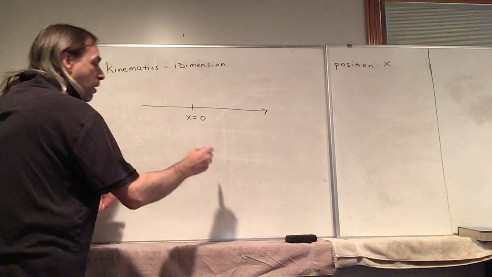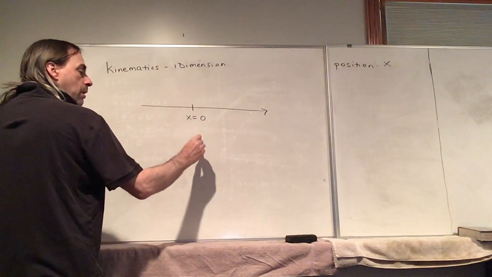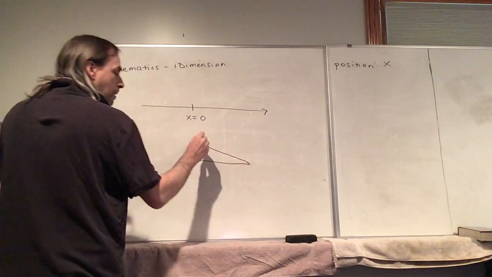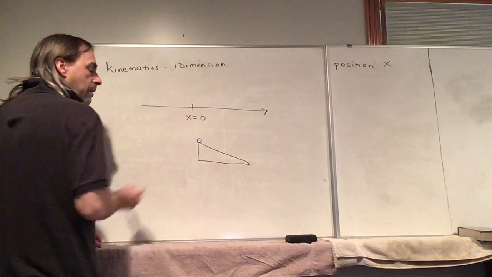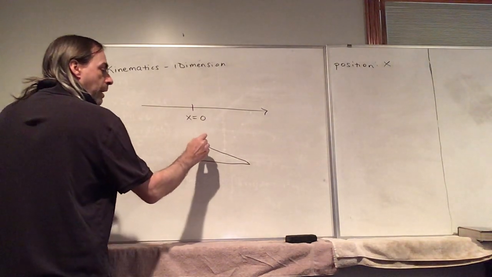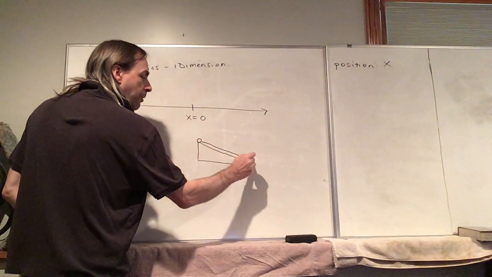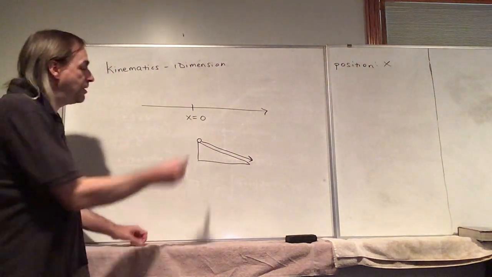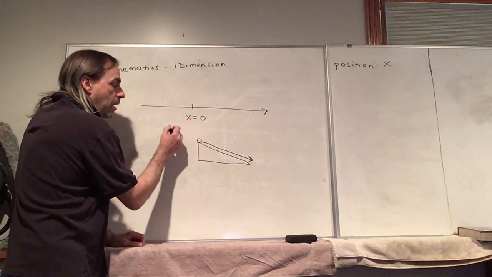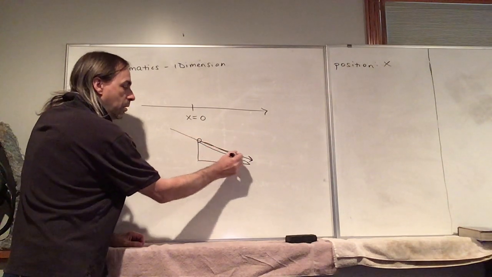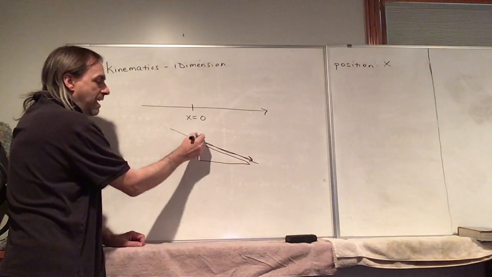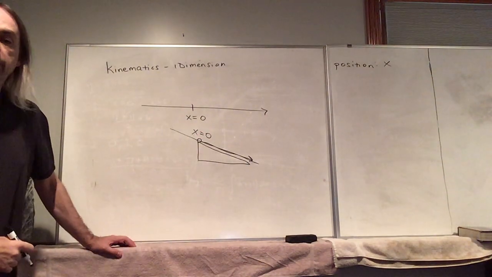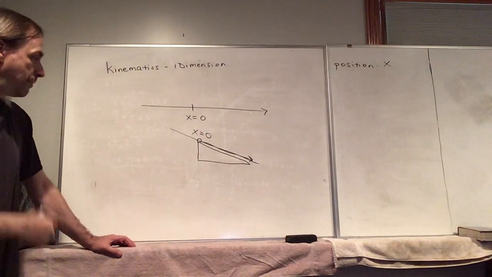An example of one-dimensional motion: let's say you place a marble on top of an inclined plane, and it's going to move in this direction. So if we were doing this problem, it might make sense to say this is our coordinate system, and say x equals 0 where this object is going to start.